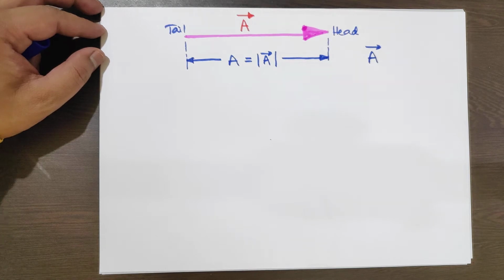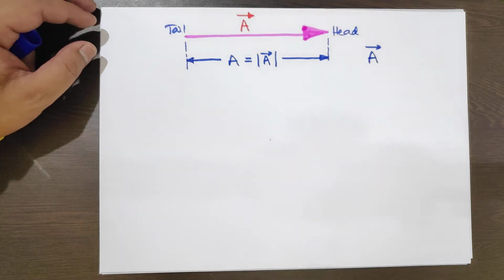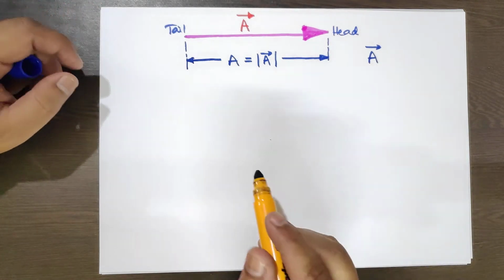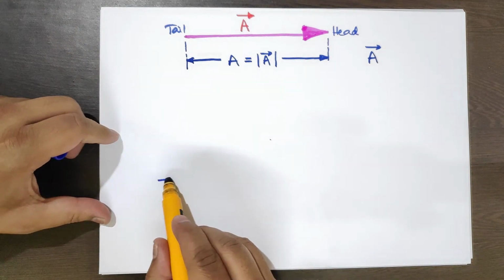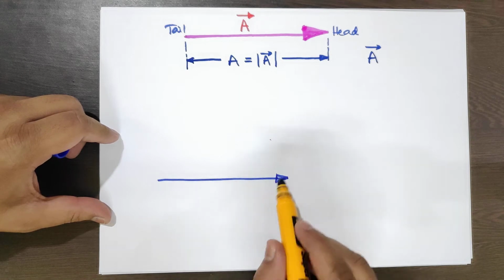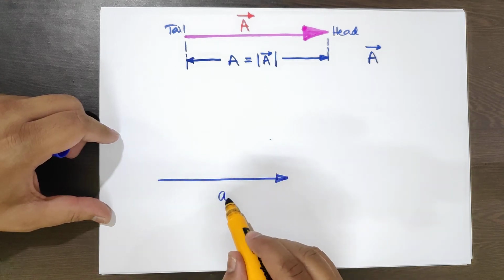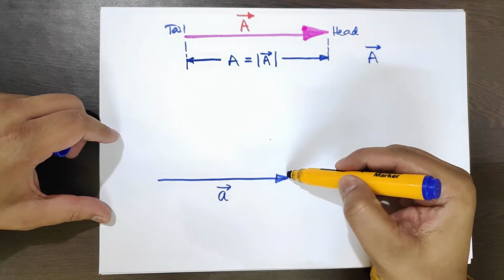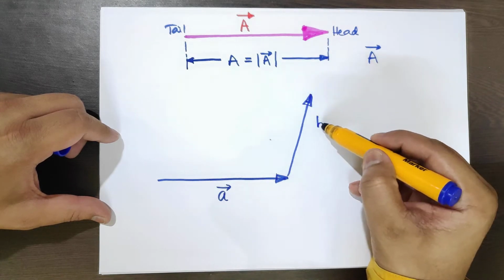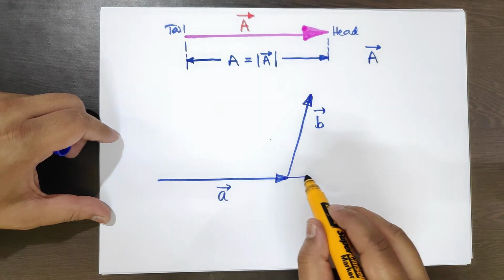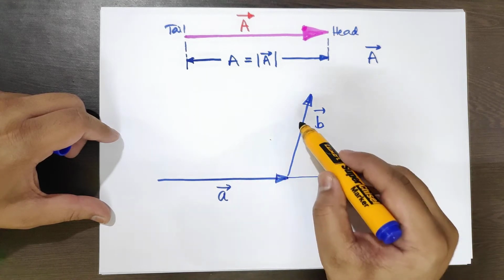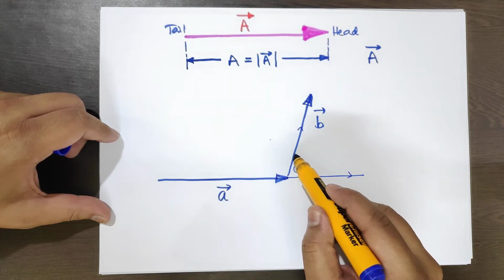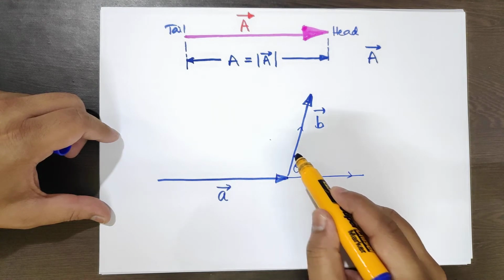Now we know from our last lecture how to add two vectors, that is the triangle law. Let's look at a simple displacement vector. Suppose the displacement happens from here to here, say a, and then from here to here b, and this is the angle between the two vectors, theta. This is the direction of a, this is the direction of b, theta is the angle between vectors a and b.